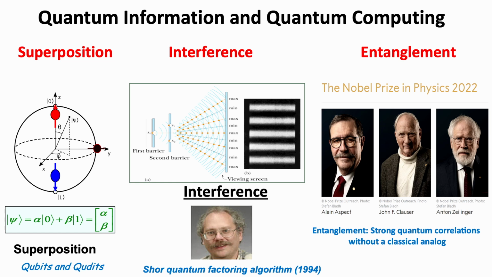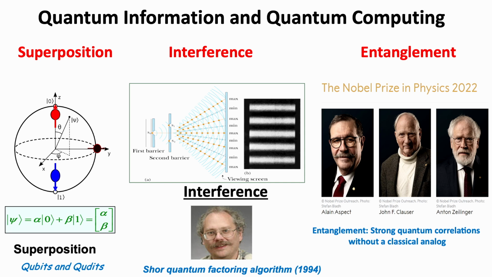Now when we deal with quantum information and quantum computing, we are talking about superposition, which leads to qubits and qudits; interference, which is the heart of quantum algorithms, like in the celebrated algorithm by Shor, where you design your algorithm to take advantage of constructive interference to calculate the period of a function, which allows you to factor a number.